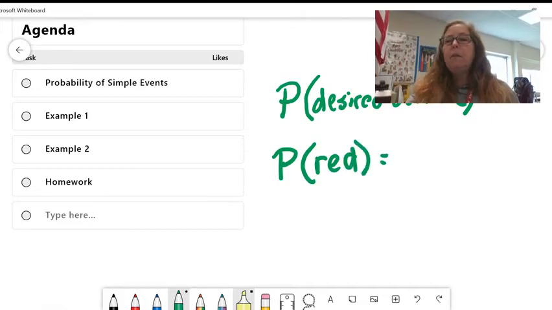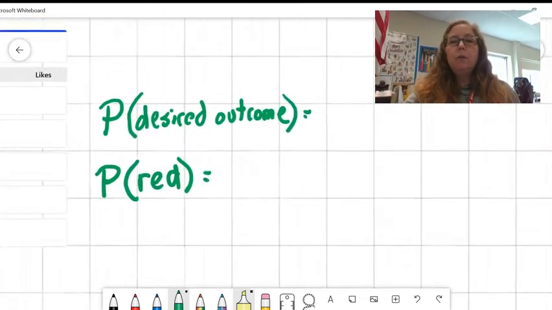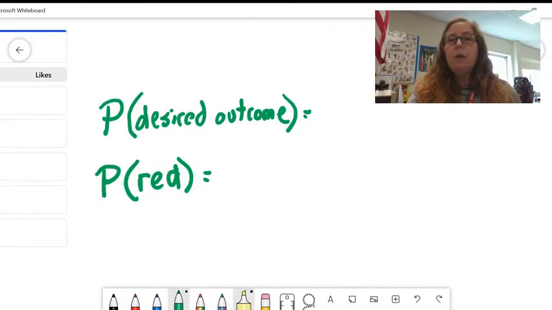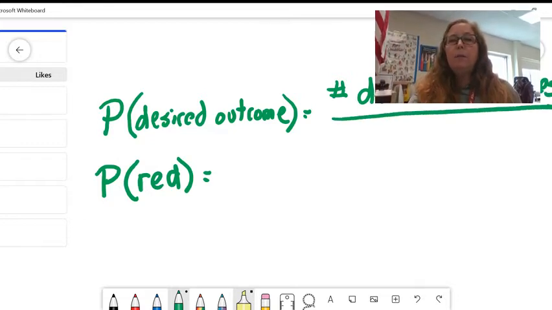Then to express that probability, we write a fraction. In the numerator of the fraction, we put the number of the desired outcomes. And in the denominator, we put the number of possible outcomes.